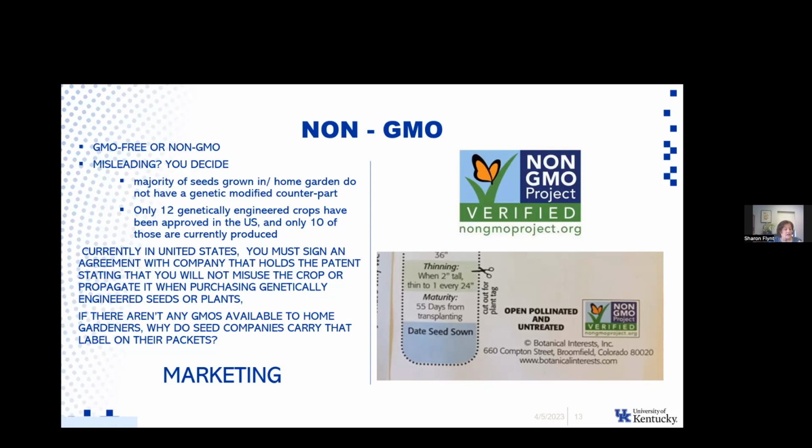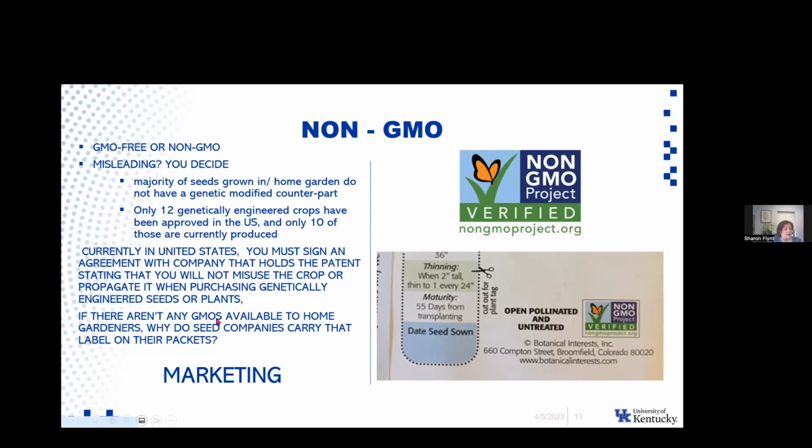In that, you state that you won't misuse the crop, you won't propagate it, and that sort of thing when you're using those plants or those seeds. So unless you've signed something, you're not using a genetically modified seed.